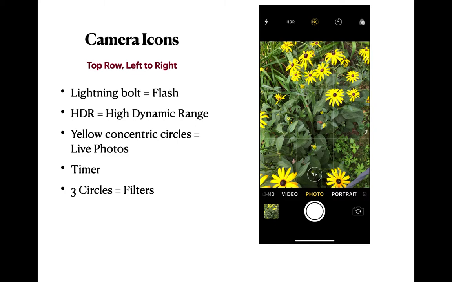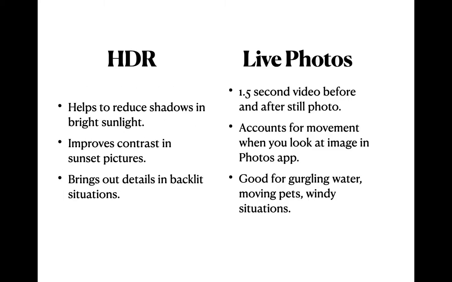Next to that are the letters HDR, high dynamic range, and that applies to exposure. I'll go into a little more detail in the next slide. Then you see yellow concentric circles. Those are live photos, which are kind of fun. The next is the timer, and then way on the right there are 3 circles, and those are filters.